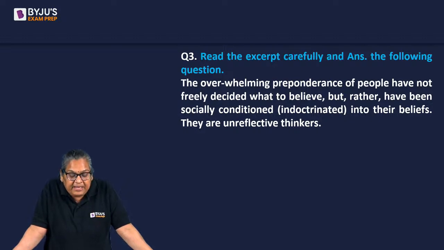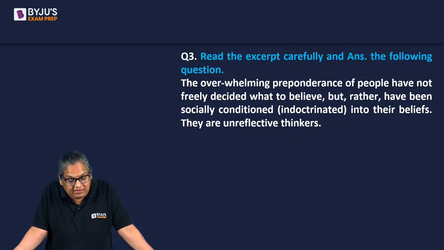The overwhelming preponderance of people have not freely decided what to believe, rather have been socially conditioned or indoctrinated into their beliefs. They are unreflective thinkers. So, a majority of people have not freely decided what to believe.